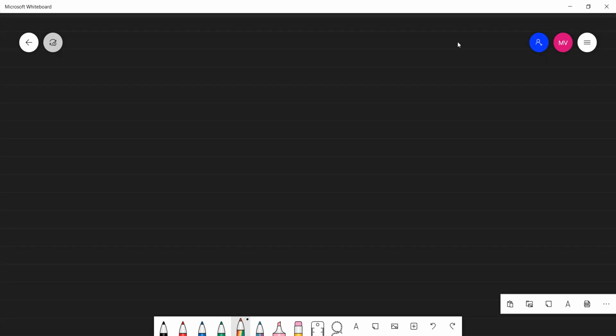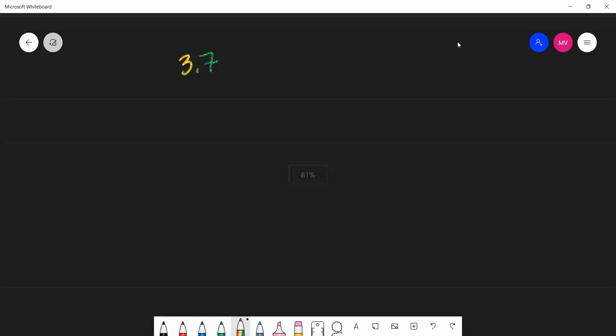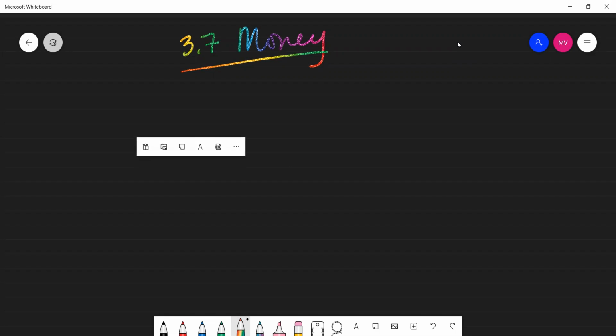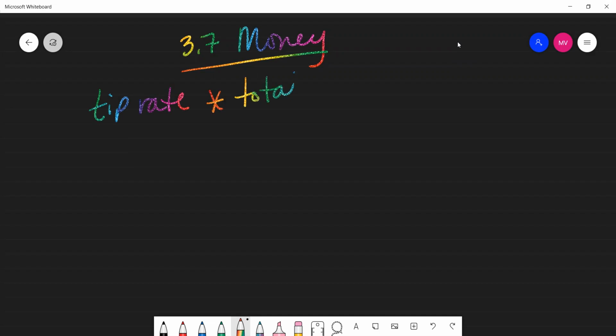So for example, let's see, this is 3.7. And so the two equations that we have for this, there's tip rate times the total bill equals the tip.